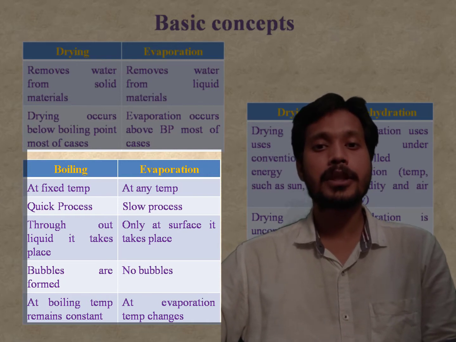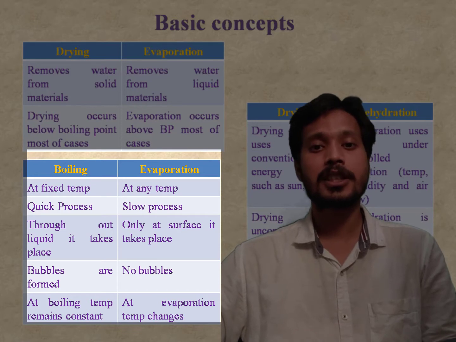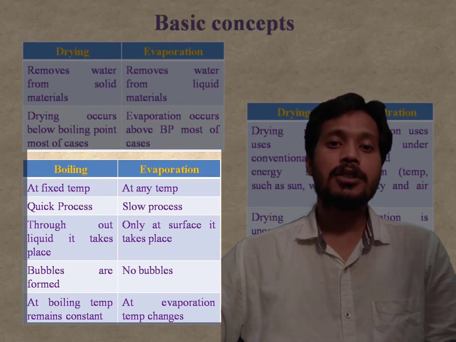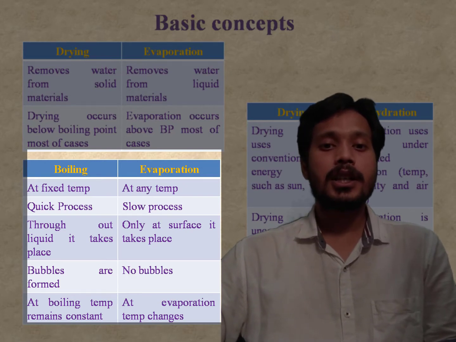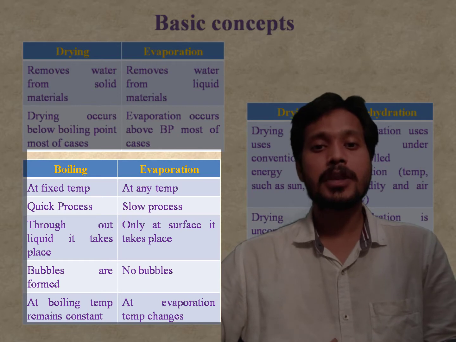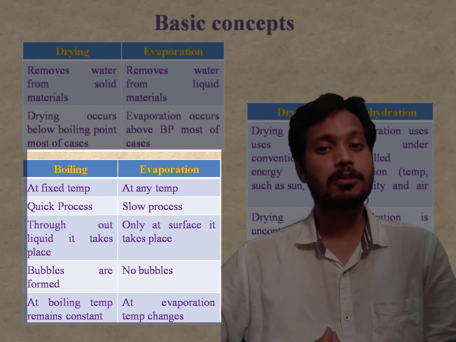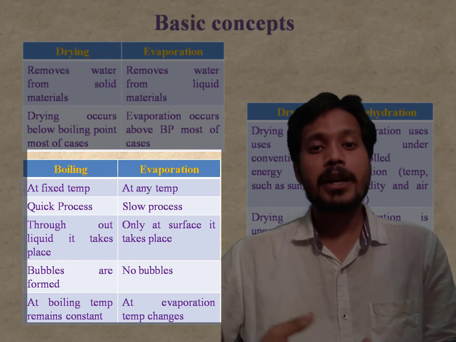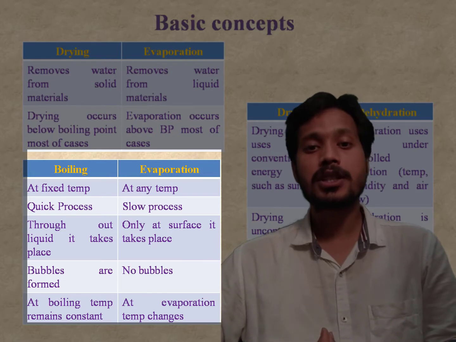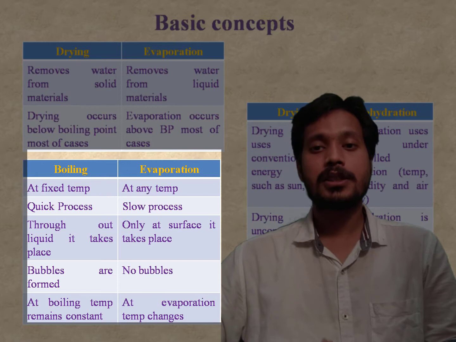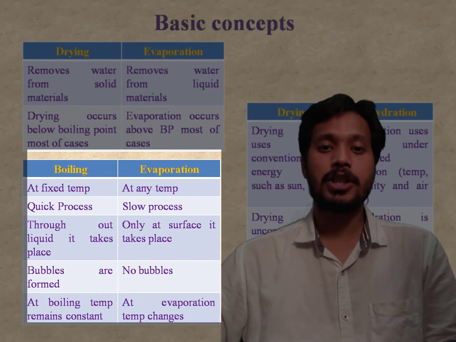The first point I mentioned, that boiling occurs at a fixed temperature, means that at 1 atmosphere pressure, if you want to boil water, you need 100 degrees Celsius. Throughout boiling you must maintain 100 degrees Celsius, but for evaporation you don't have to maintain the temperature. If the temperature changes, the evaporation can still continue. So this is the difference between boiling and evaporation.